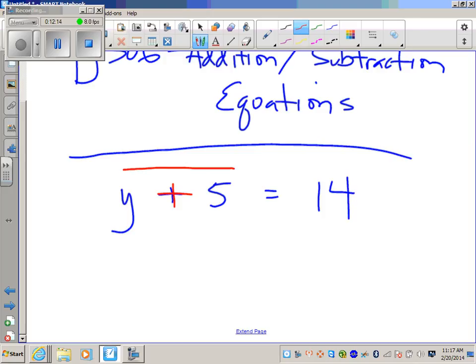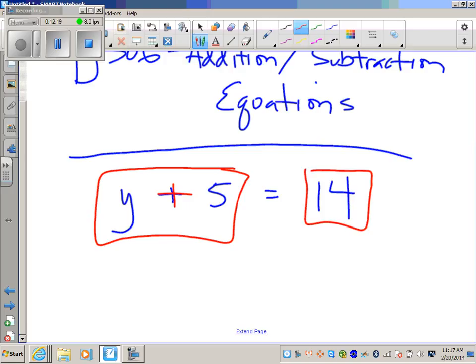And if I examine this side, there's nothing else I can do with this side. This side is this side. 14 is 14. There's no plus sign. There's no subtraction sign. It's just 14. But here, I need to find out what y equals.